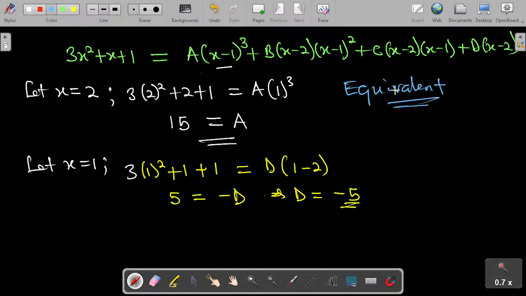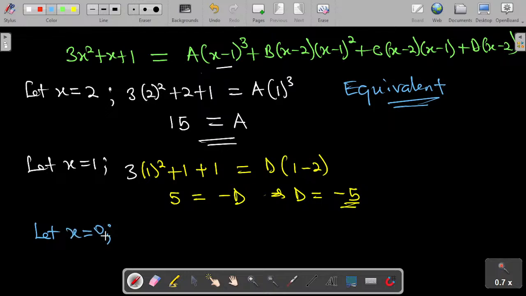But that's going to take your time. So what else do you think we can do? I said something in the last class that in such cases you can substitute your x as 0. So if we let our x become 0 now, what is going to happen?